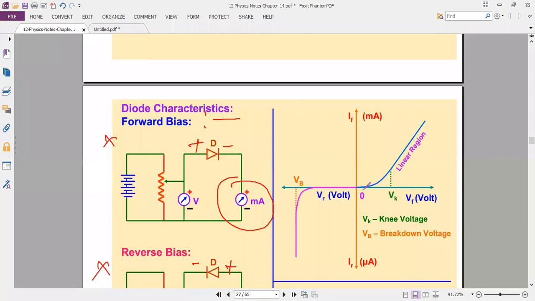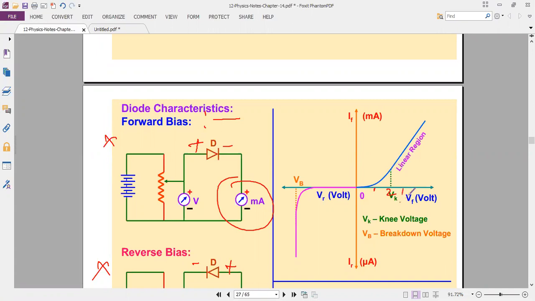Now refer to the graph. 0, 0.1, 0.3, up to there is no difference. Next, at 0.5, it is slightly increasing. After 0.5, up to 2, the range is different. Suddenly it is increasing.